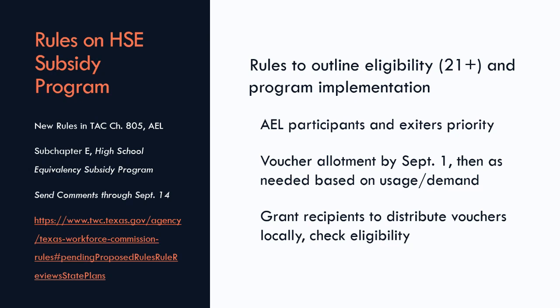What is a voucher? A voucher equals the cost of one individual test. Again, as the GED and the HiSET are comprised of either 4 or 5 tests, the voucher is up to the cost of one of those individual tests. Then we'll have the flexibility, based on the usage locally, either mid-year or at another time, to do maybe a redistribution of those vouchers.